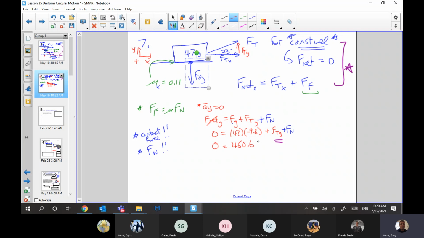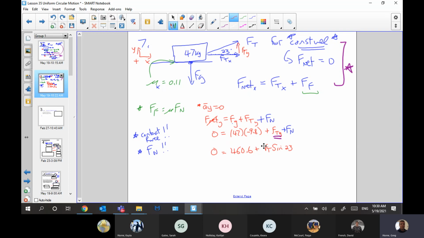So the FTY component, I could either put that in as full FT, with the sine of the angle. So I could say FT sine, I'll move this in a second here, sine of the 23. So put it in based on the tension force itself. I feel like we're probably going to need that. I could have left it as the FTY component, but I feel like we are going to need FT sine theta.